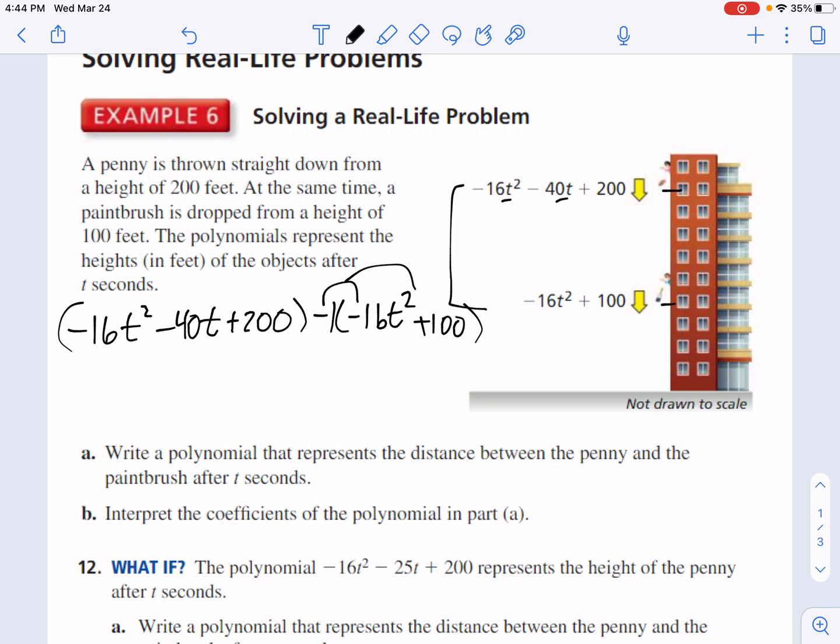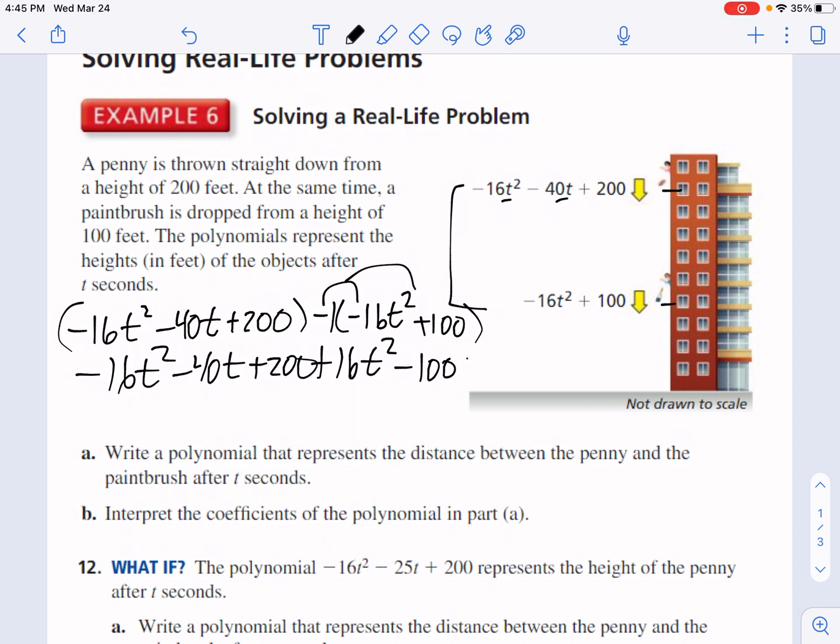A negative and a negative make a positive 16t squared, and a negative and a positive make negative 100. The first one we're not going to make any changes to at all, we're just going to keep it the same. And then we're going to combine like terms.